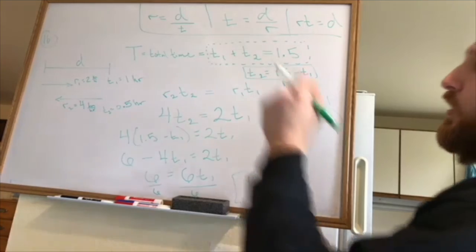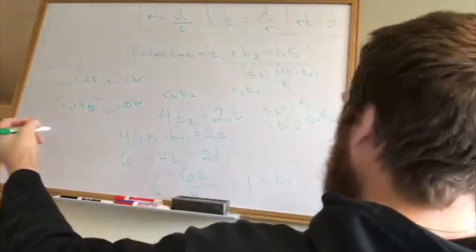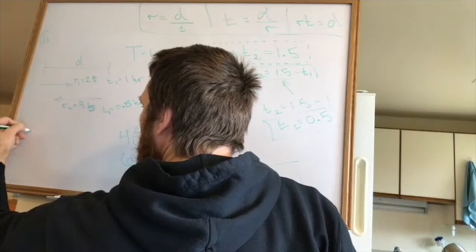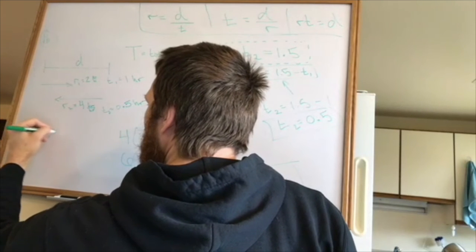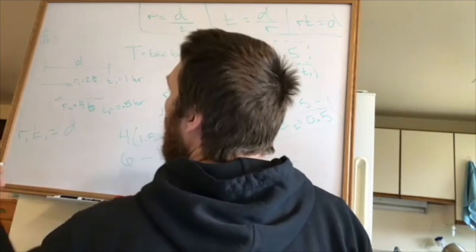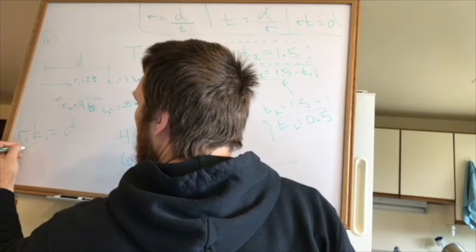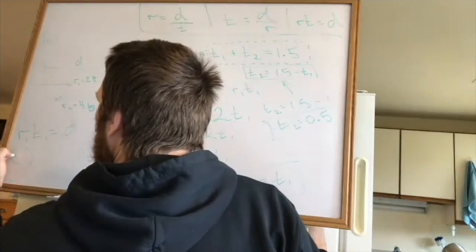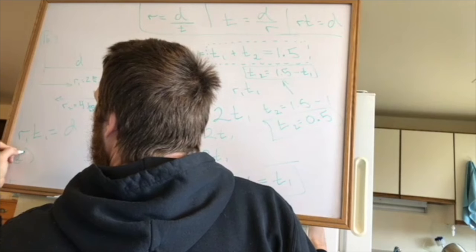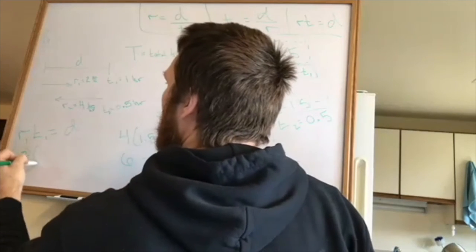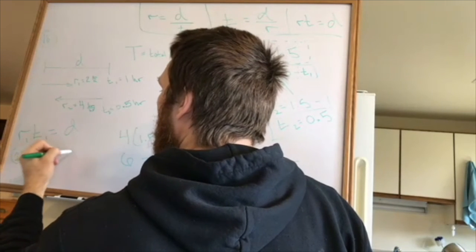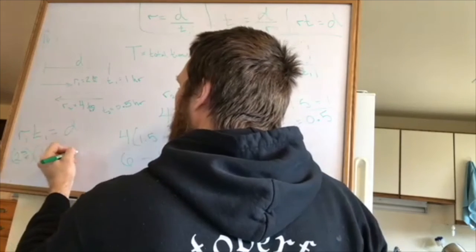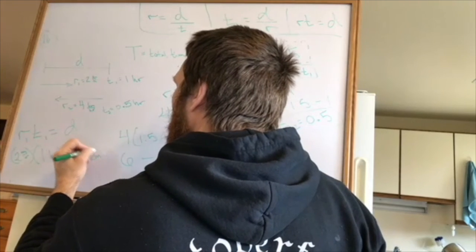I could say, okay, then R1 times T1 is equal to that total distance. R1 is 2 kilometers per hour times 1 hour. Hours cancel. 2 times 1 is 2 kilometers is the total distance she traveled.